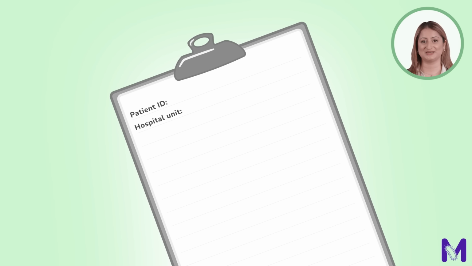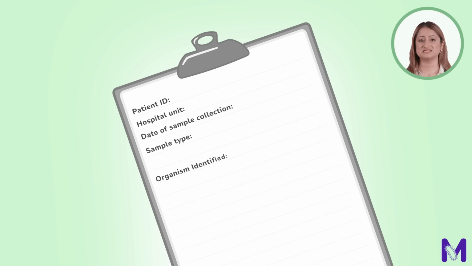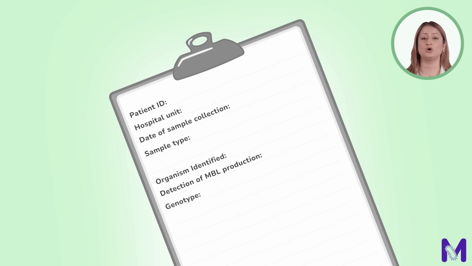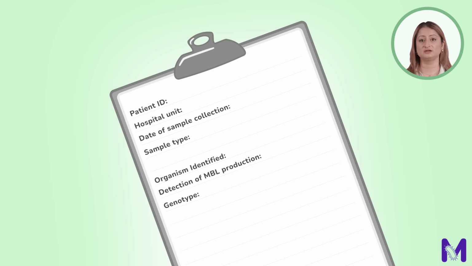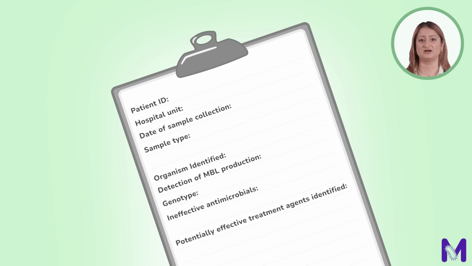Once a result confirming the presence of an MBL-producing bacterial infection is obtained, the findings should be urgently reported back to the clinical team responsible for the patient. Key information should include patient ID, hospital unit, date of sample collection, sample type, the identified organism, detection of MBL production including genotype like VIM1, NDM, BLA-GIM1, and IMP1, the antimicrobials found to be ineffective, and potentially effective treatment agents identified.